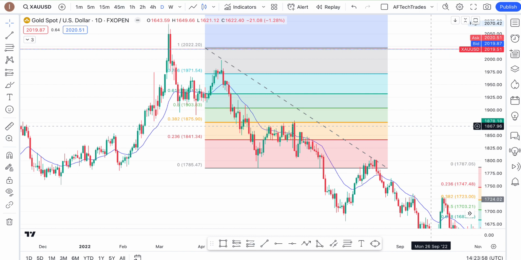No, there are confluences you need to use to enter these markets, either your moving average, your candlestick pattern, so many things. I will show you an example of what you need to use when entering a trade with a Fibonacci tool.